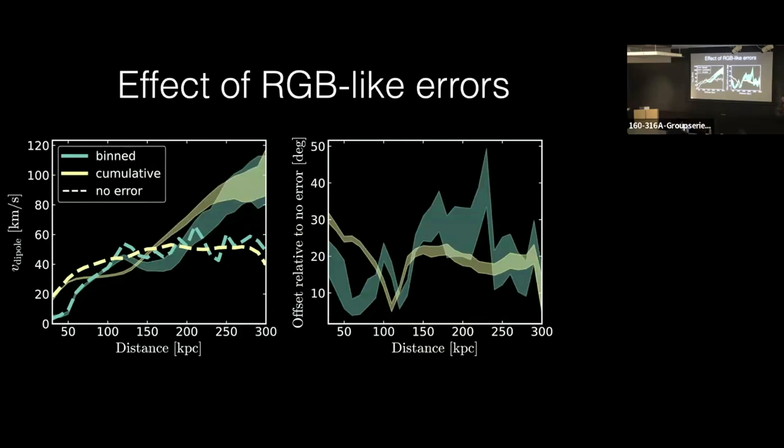But if you give some sort of jitter in distance, velocity and proper motion, something like a wonderful, perfect, clean sample of RGBs at each star particle, you get this interesting behavior. The dashed line on the left is the not perturbed version, and the shaded bands are bootstrapping over assigning errors to each of the star particles.